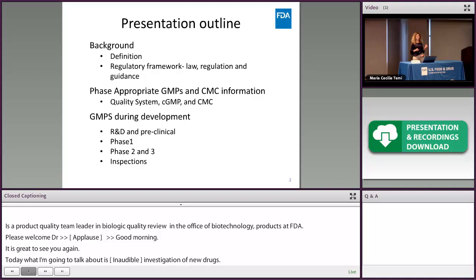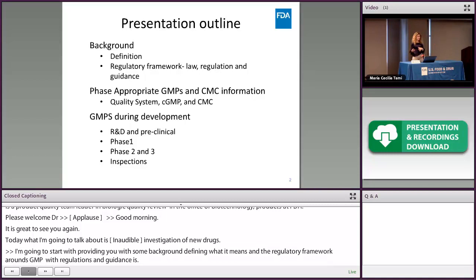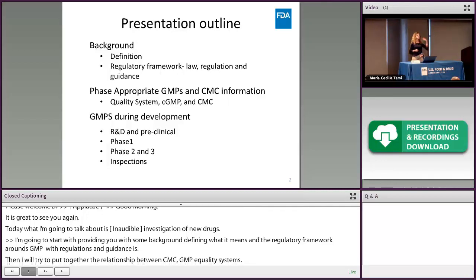Then I will try to put together the relationship between CMC, GMP, and quality systems, and finally outline what the GMP expectations are for all the phases of development, starting with research and development, preclinical, phase 1, 2, 3, and then briefly describe inspections.